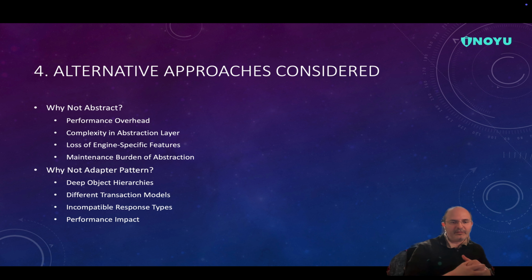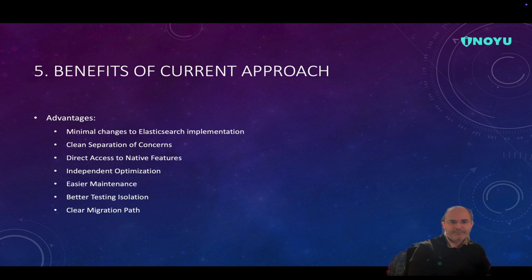They introduce all kinds of additional complexity. It would not have been efficient. One of the things I should mention is that this makes testing very easy because you have two separate implementations that you can just switch between.